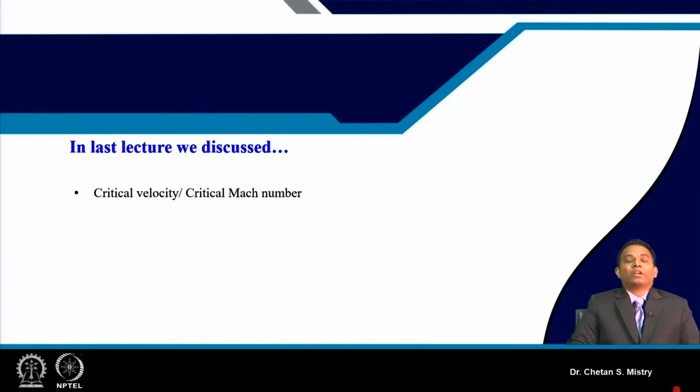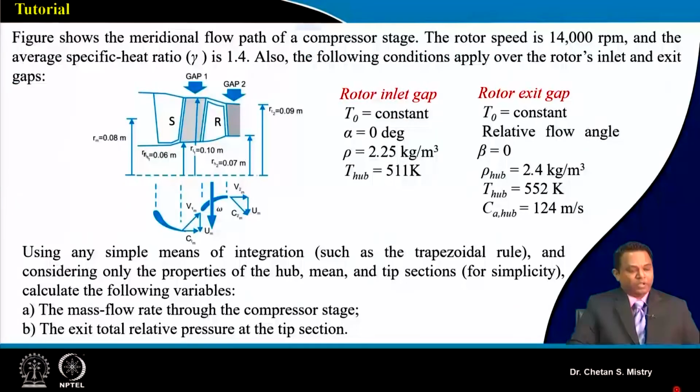Let's take the numerical, that will give an idea of how we use what we have learned up till now. Here it says the figure shows the meridional flow path of a compressor stage. The rotor speed is 14,000 rpm and the specific heat ratio is 1.4.